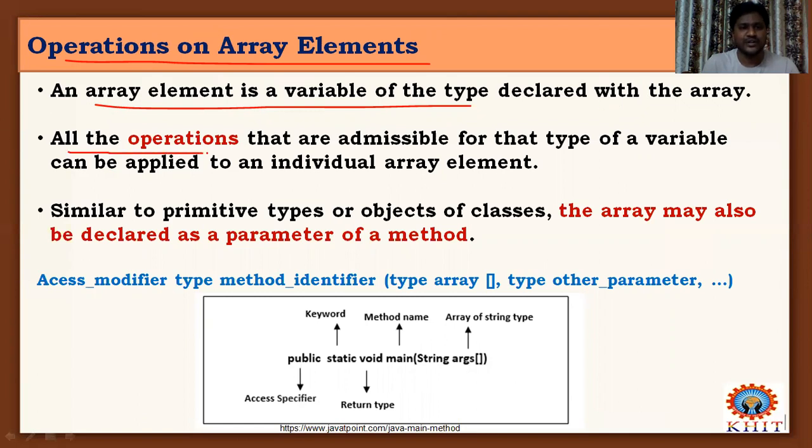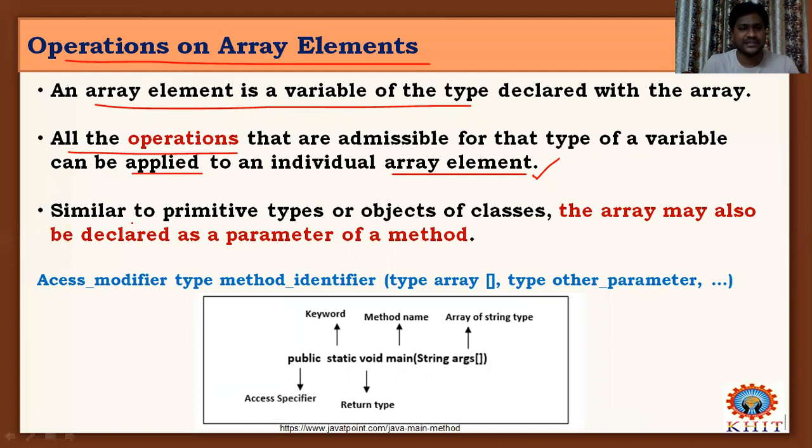So all the operations that are admissible for that type of variable can be applied to the individual array elements. When the type of an array is integer, we know some set of operations are admissible for that basic type, and all those operations are allowed to be applied to the integer values the array holds. Yes, it is allowed like that.